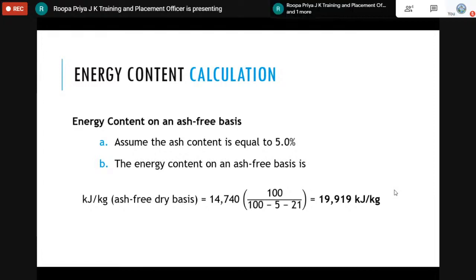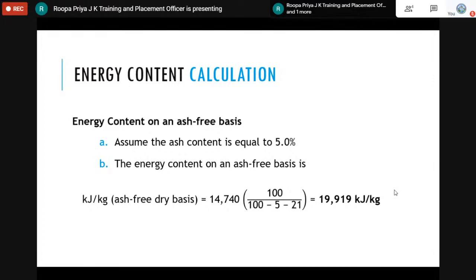So energy content in kilojoule per kg, which is the ash-free dry basis, will be equal to the total energy in kilojoule per kg, that was computed as 14,740, into 100 divided by 100 minus the ash content which you have considered, that is the 5%, minus the moisture content, which is your 21%. This gives you the energy content which is ash free on a dry basis, which is again in kilojoule per kg.